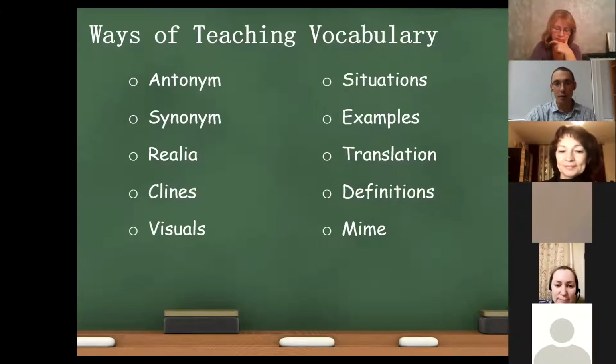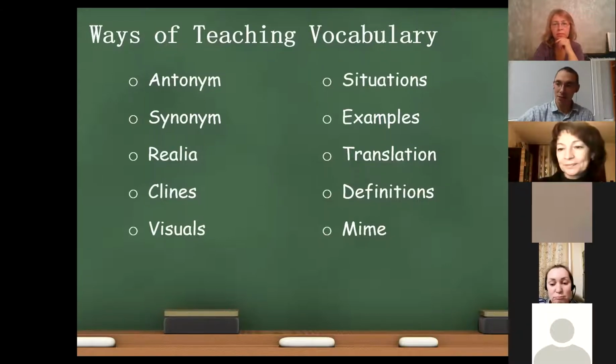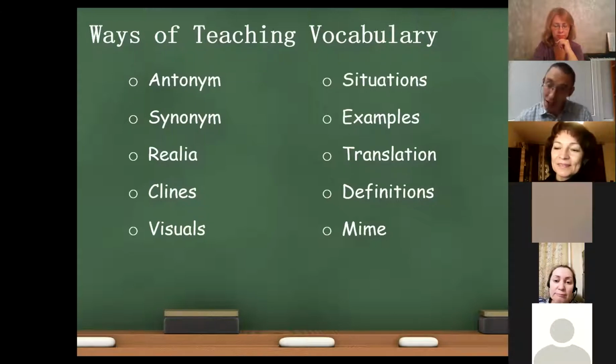So these are all different ways. Of course, visuals, these can be flashcards or presentations or videos. These are visuals. Situations. It's another great way. Let's make a drama about the airport situation. We have a situation where you need to show your passport, get your ticket, go to your gate, talk to the flight attendant, all the different things to help with connecting words.